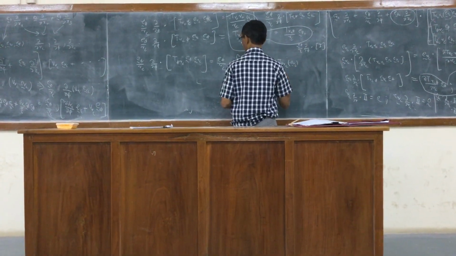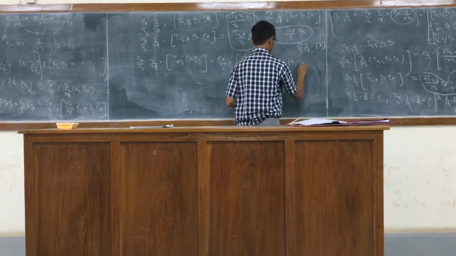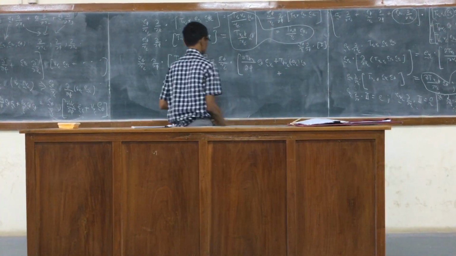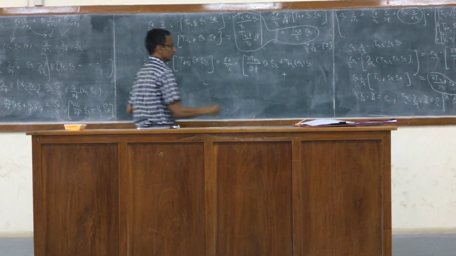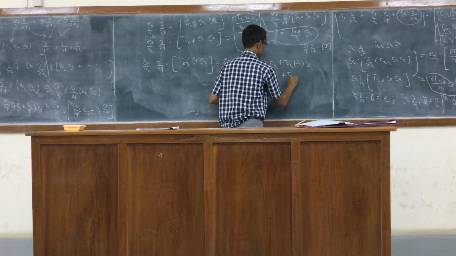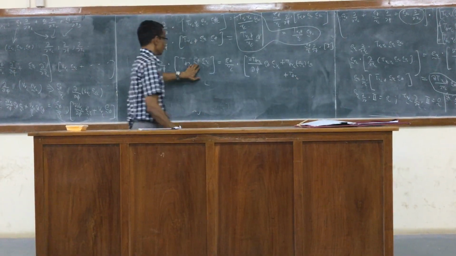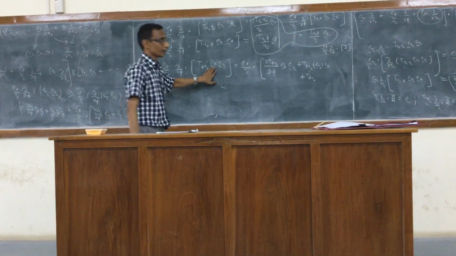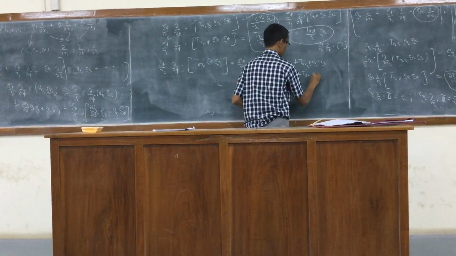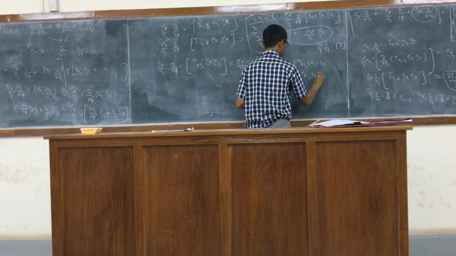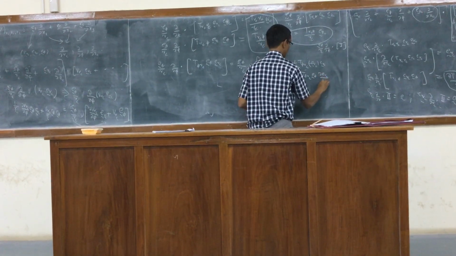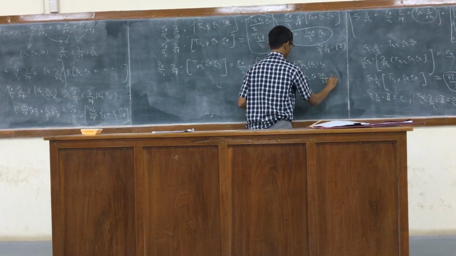And then again I have drc. And then the third term would be phi rc. And again I have d phi times drc by d phi.